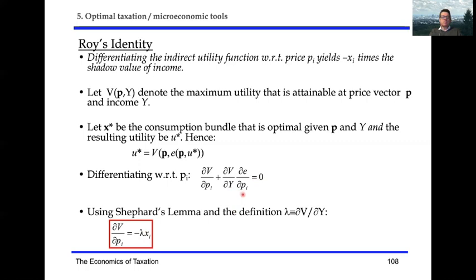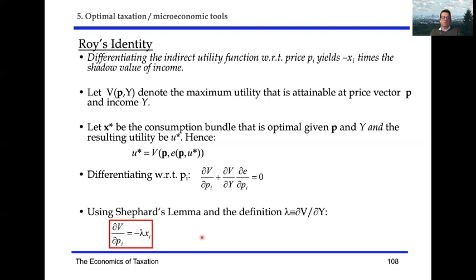And this here is the marginal derivative of the expenditure function with respect to the price pi. And we know from Shephard's lemma that this is nothing else than xi. And therefore, we have this equation saying the partial derivative of the indirect utility function with respect to the price of good i equals the amount of xi consumed times minus the shadow value of income.